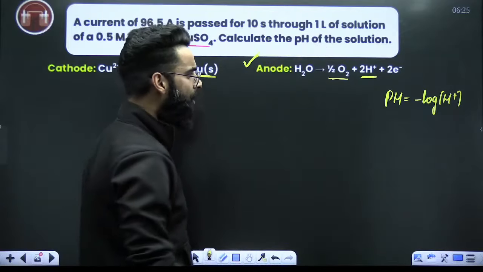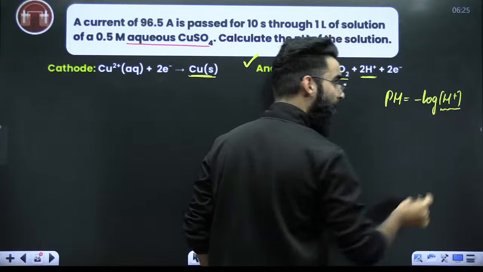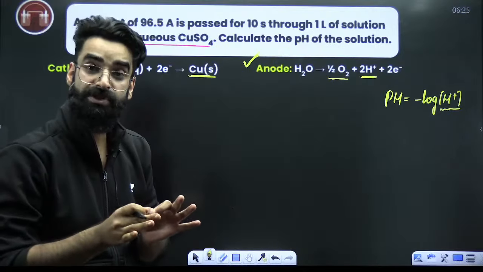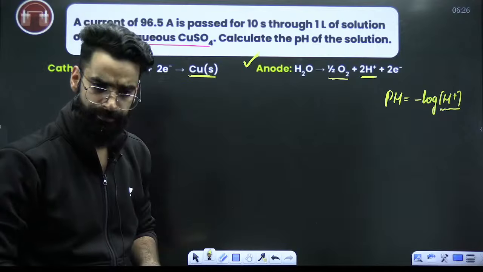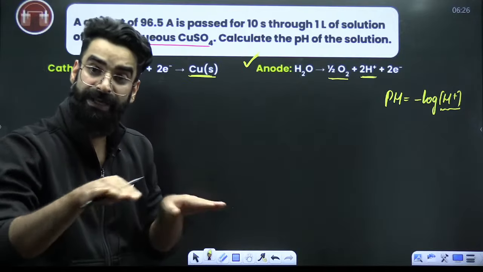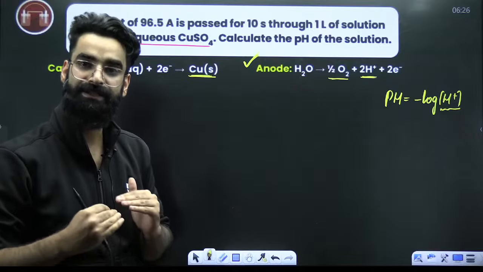In order to calculate pH, we should know the total H positive concentration in the solution after the electrolysis is done. Once the electrolysis is complete, you'll find H positives in the solution.